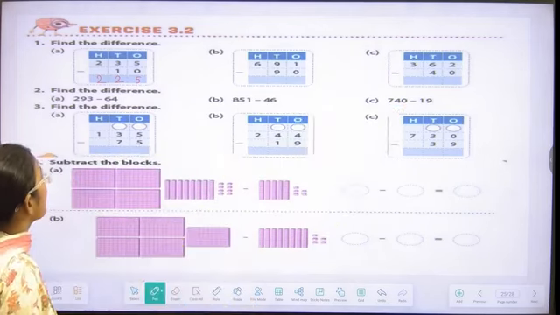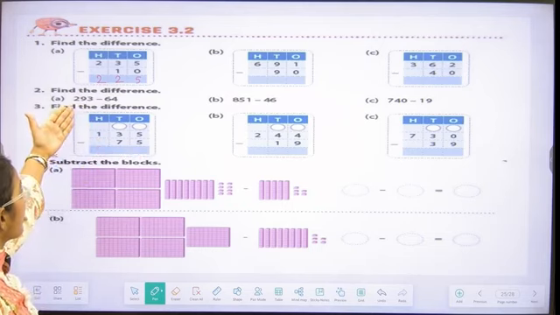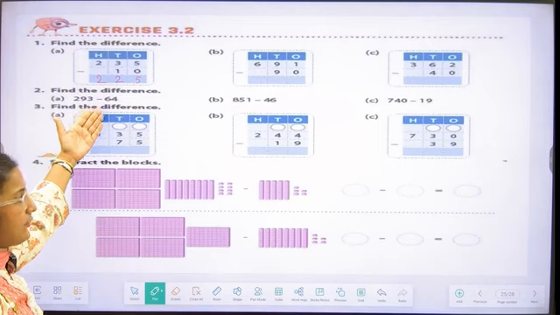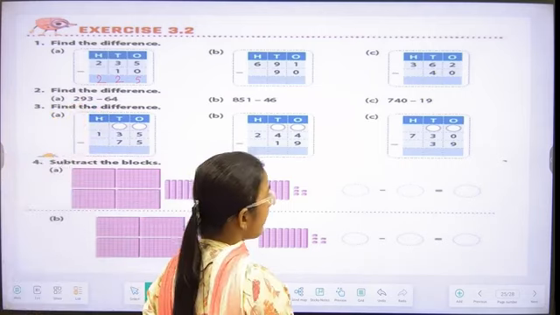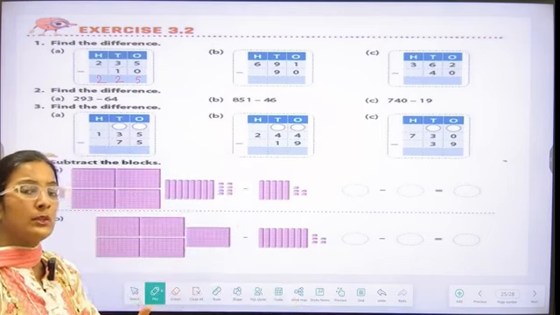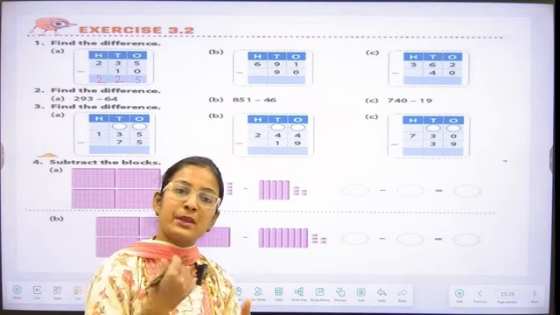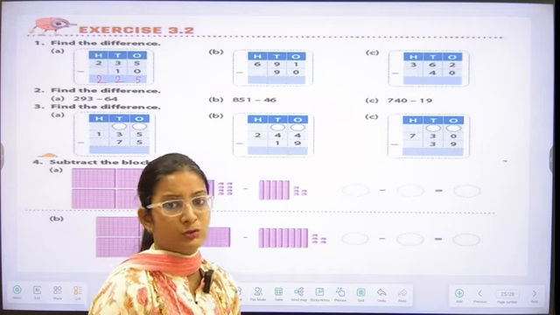Moving to the next one, we have to find the difference. Now what we have over here, 293 with 64. So what we can do, student? We can write them in the vertical way, or we can do it with the horizontal subtraction, or we can do the subtraction by 100s, tens and ones blocks also.